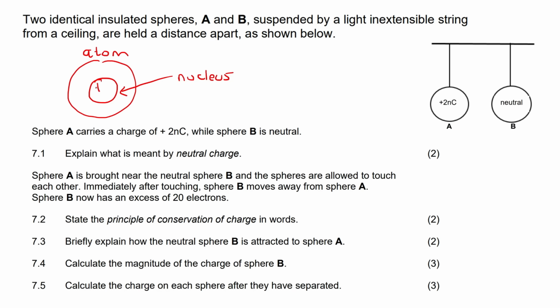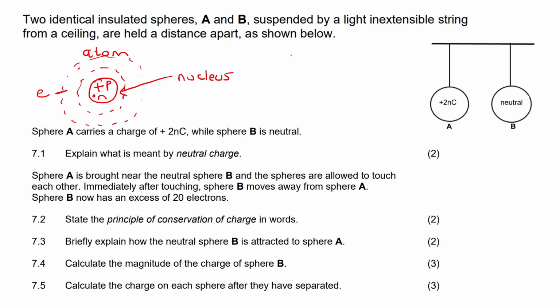You've got some positive things, which are called protons, and you've got things that don't have any charge, and they are called neutrons. And then on the outside of the nucleus, in these little energy levels, we have things that are negative, and they are called electrons.